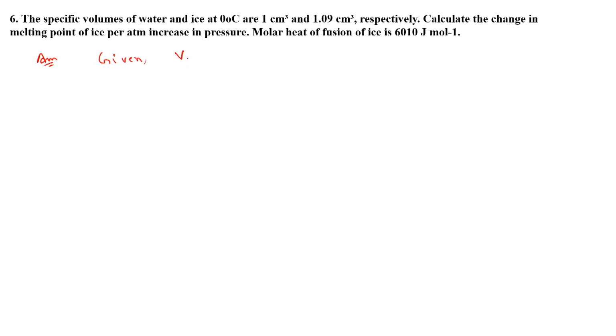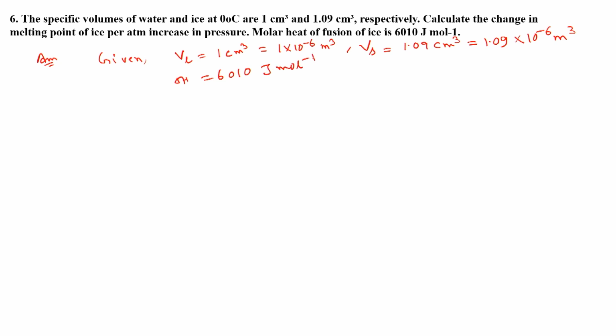So the given values: V liquid is 1 centimeter cube, means 1 times 10 to the minus 6 meter cube. V solid is 1.09 centimeter cube, gives you 1.09 times 10 to the minus 6 meter cube, and delta H is given. So delta H is 6010 joules per mole, right.